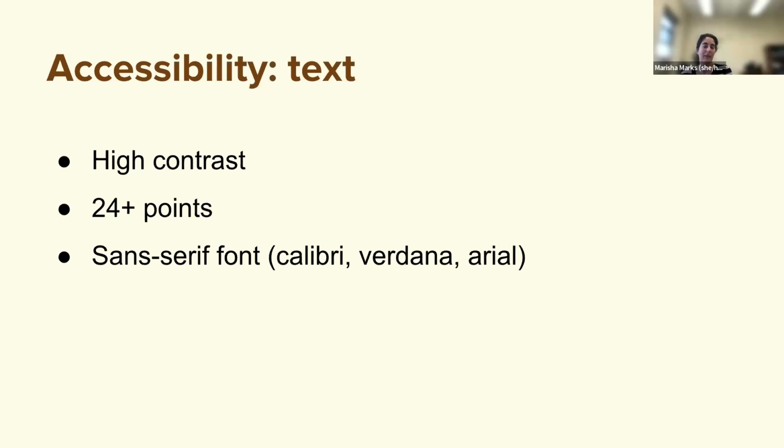And so having text that's going to be easy to read even on a small device, so 24 points or higher. And I find that using large text is actually really helpful to me because it forces me to reduce the amount of information that is on each slide.